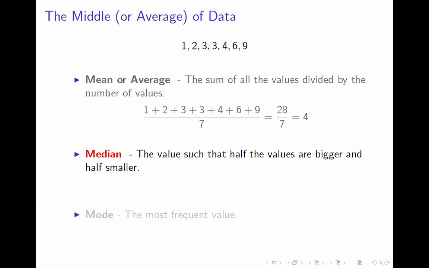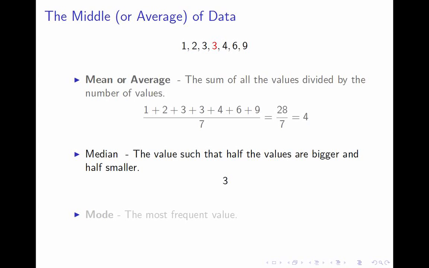So in this case, the number 3 has that property. There are 3 numbers which are less than or equal to it and 3 numbers which are greater than or equal to it. And notice, of course, that in this case, the median and the mean aren't quite the same. It might have seemed to you at first blush that the average always has half the numbers less and half the numbers more, but you can see in this case that's not quite true.